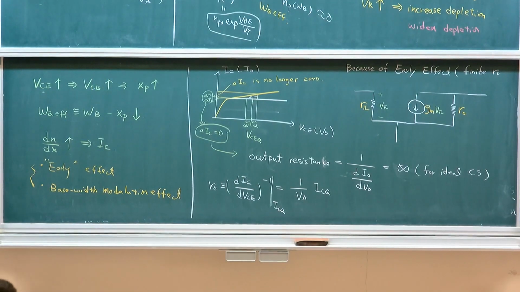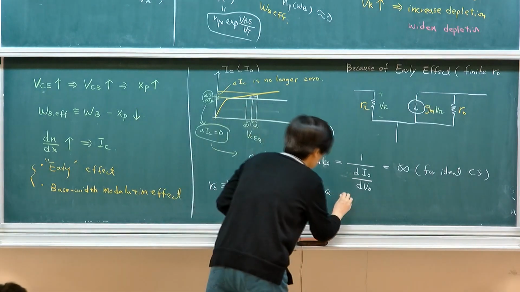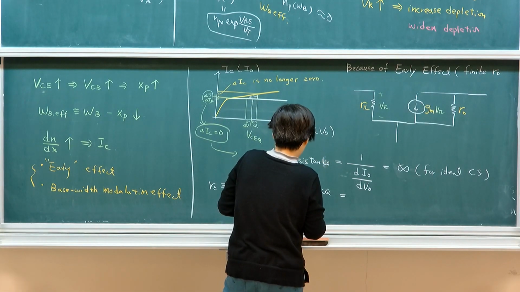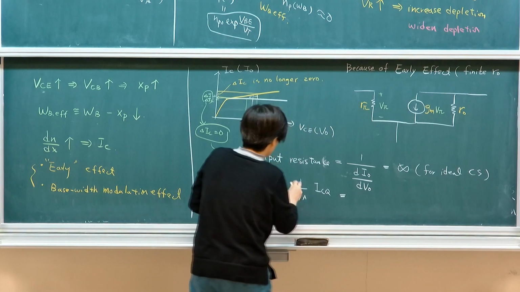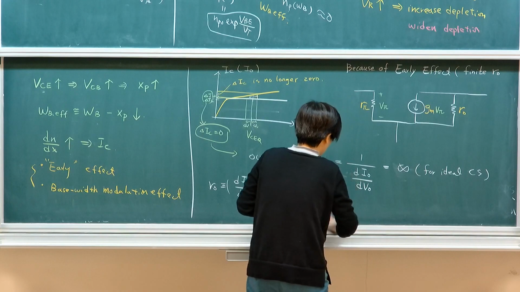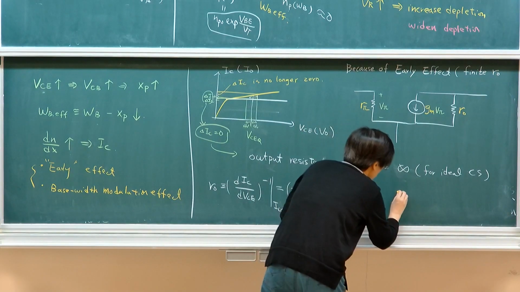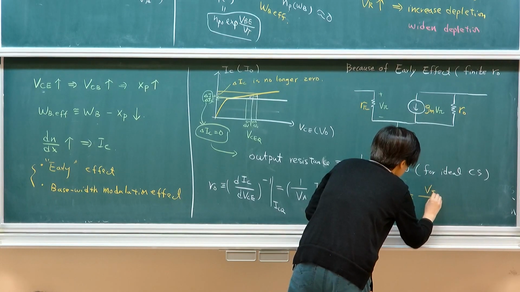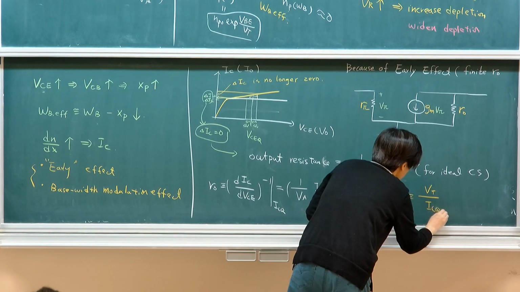So you simply do the derivative and get that result. Therefore, wait, did I get it right? Inverse, there's an inverse in that. Therefore, your final result, let me write it correctly: the RO would become VA over ICQ.